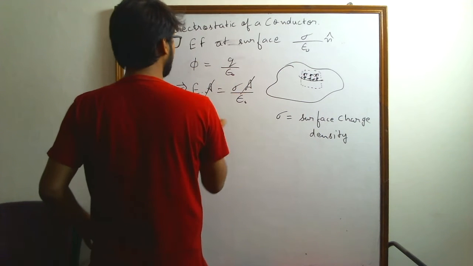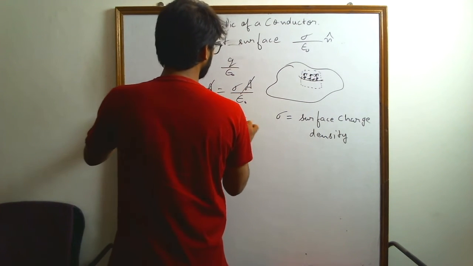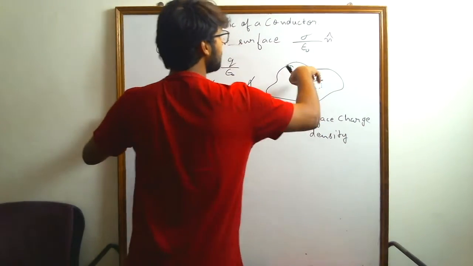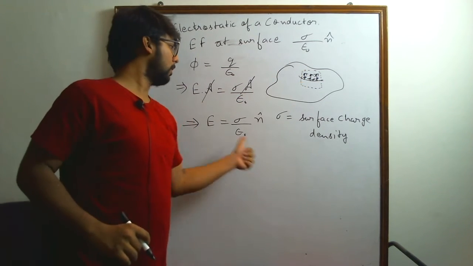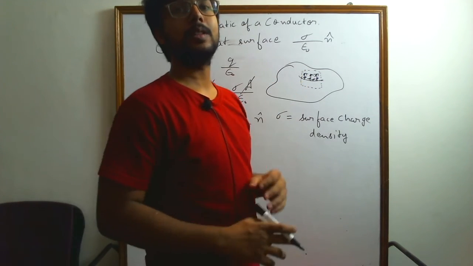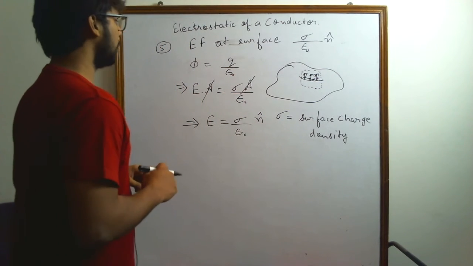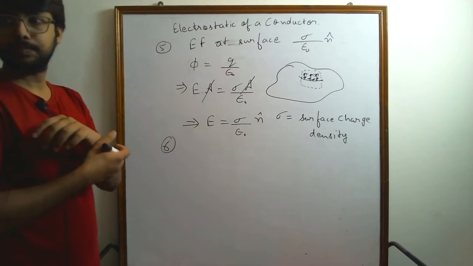We can see the area cancels out, so I have the electric field as equal to sigma upon epsilon naught, and the n cap comes due to the perpendicular nature of the electric field, perpendicular to the surface at every point. And this is a really important, again very important result.